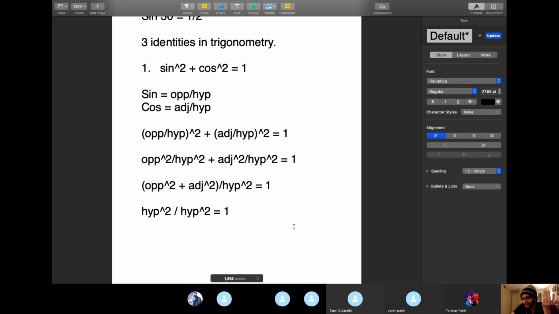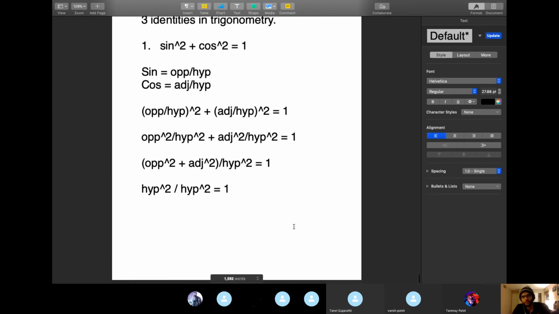It's not that complicated, it's simple. It is just adding two fractions, looking at the numerator and realizing that the numerators add up to form hypotenuse squared, and it's the same thing in the denominator, so you can just cancel them out. Okay, so this is the proof.